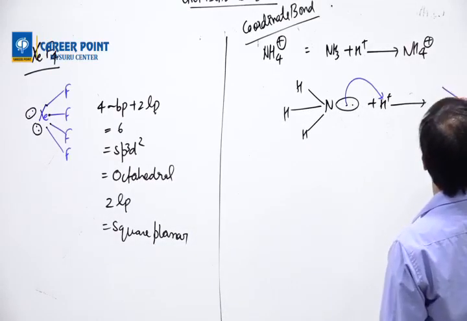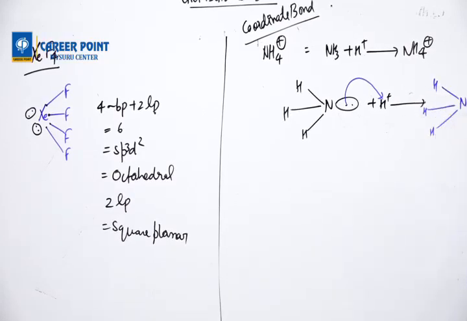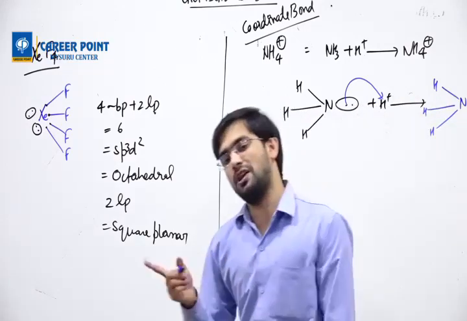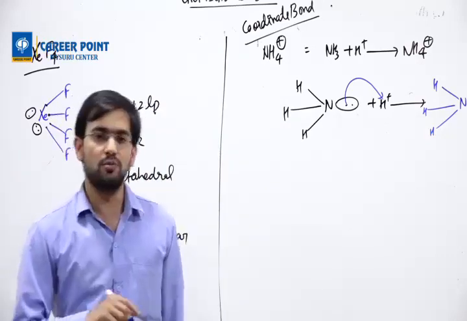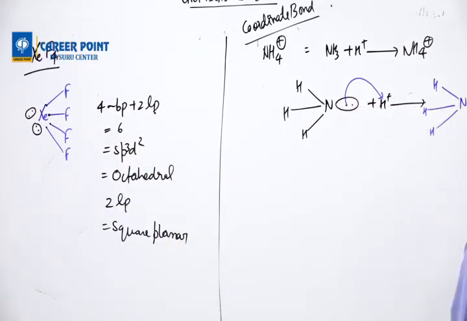So we draw N, H, H, H, with one coordinate bond sign. Coordinate bond is plotted by an arrow, not simply by a line. It is plotted by an arrow from a donor atom to an acceptor atom, and the whole gets a positive charge.